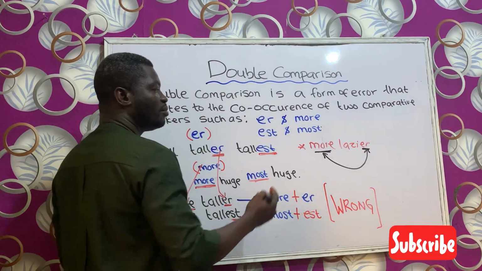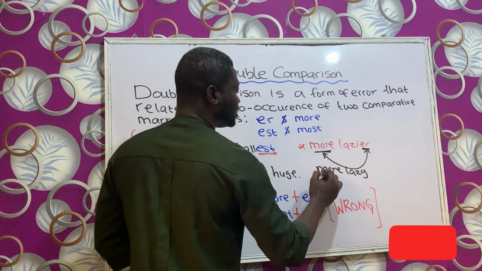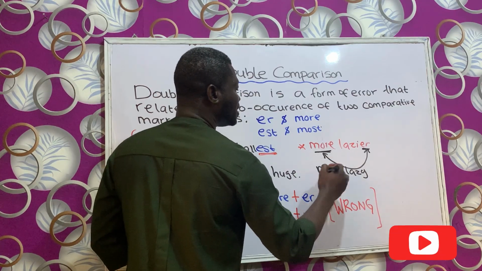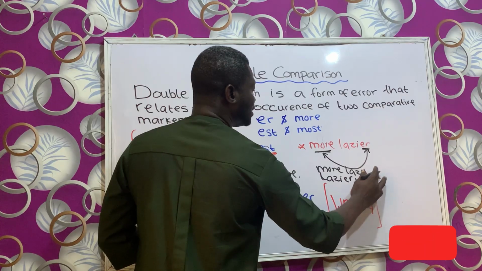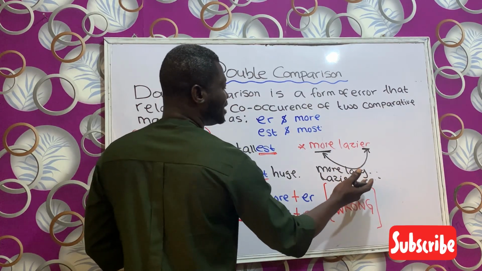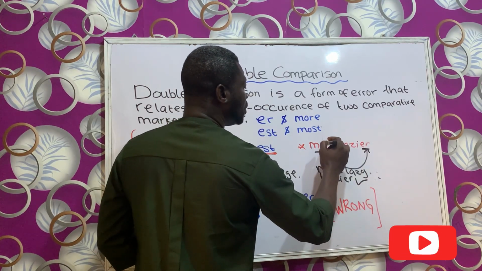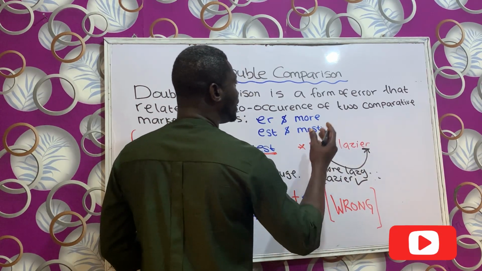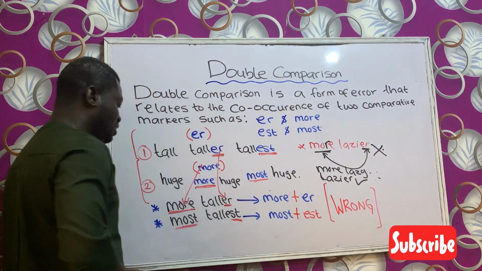So it's either more lazy, if that even exists, because the correct comparative of lazy is lazier. So you've got lazier, and this is lazy. It's usually compared as lazier with the addition of ER. So it's going to be wrong to float in a different or additional comparative. So this is wrong.